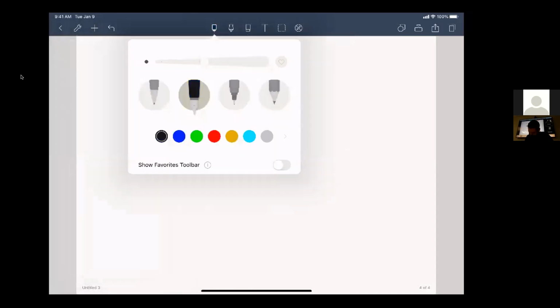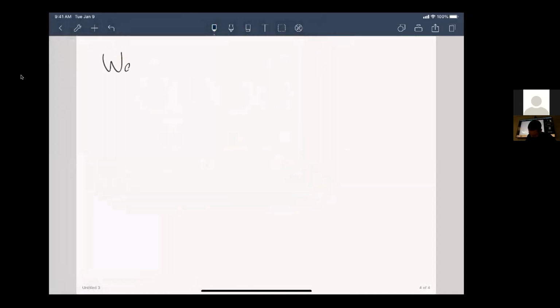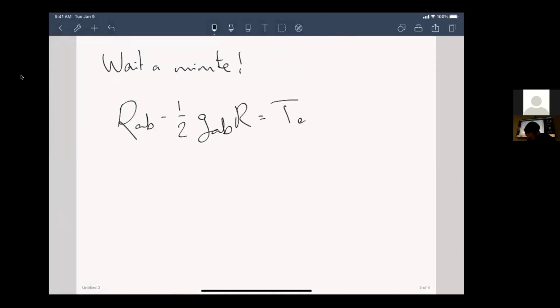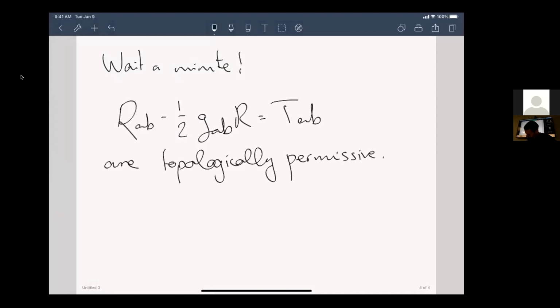So wait a second. Wait a minute. What are we doing? Well, the Einstein equations are topologically permissive. What does that mean?